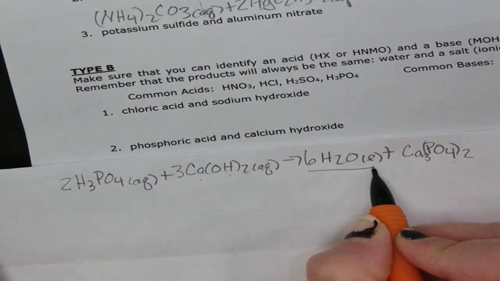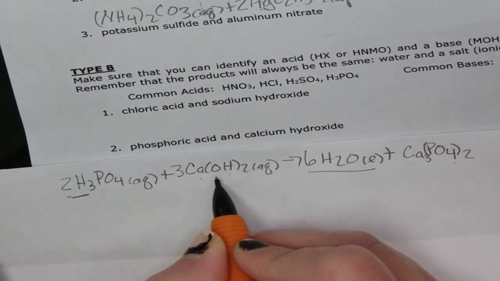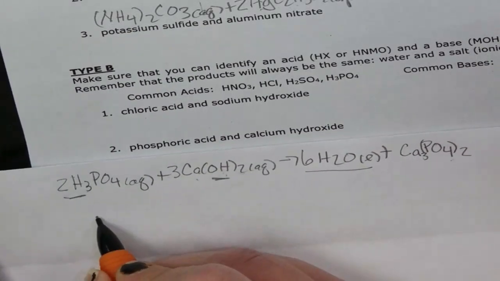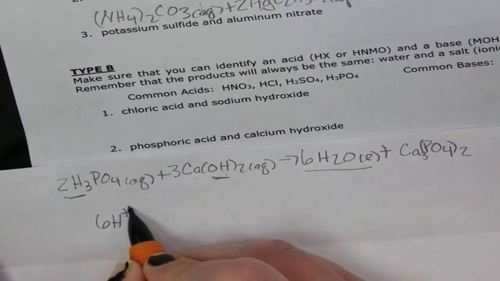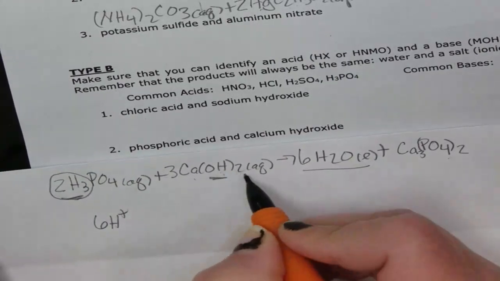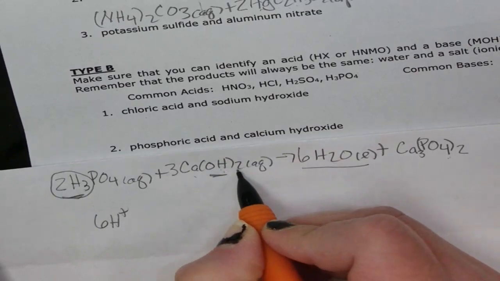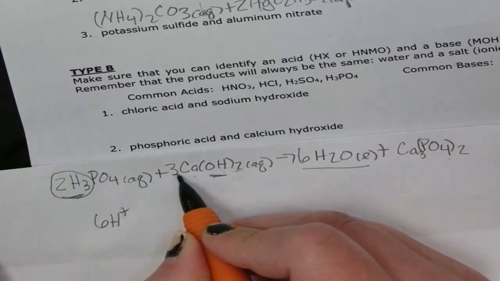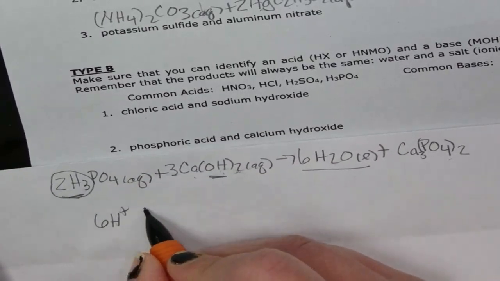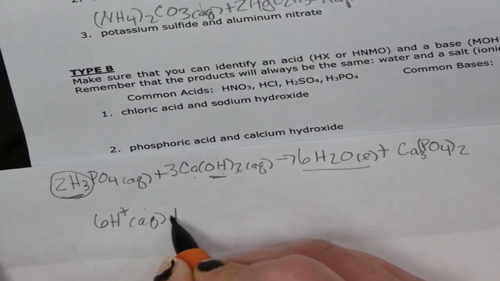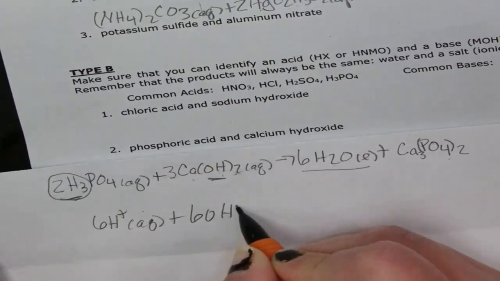All right, so what do I see here? I'm making my liquid water. What is involved in making the liquid water? The hydrogen and the hydroxide. I have 6 hydrogen ions. 1 hydrogen times 2 is 2. 3 times 2 is 6. So I have 6 hydroxide ions.